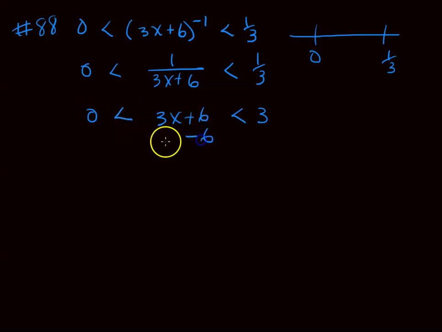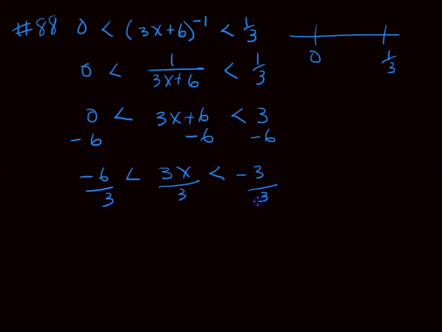Now we subtract 6 from all three sides. So negative 6 is less than 3x is less than negative 3. Divide everybody by 3. And negative 2 is less than x is less than negative 1. This would be the set of all x such that that continuous inequality is true.